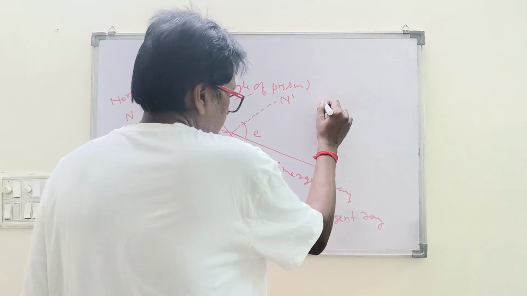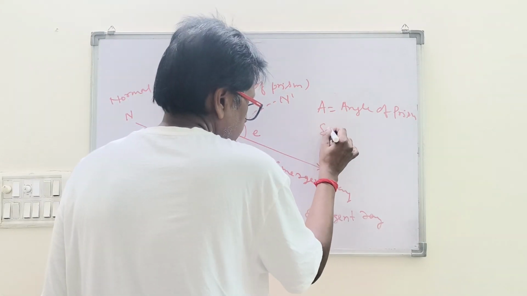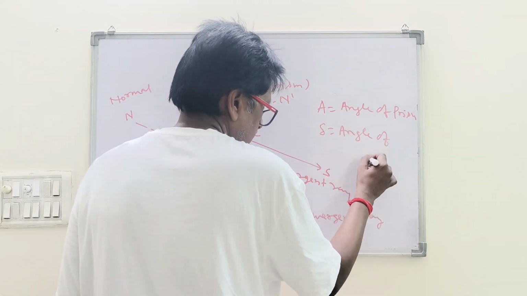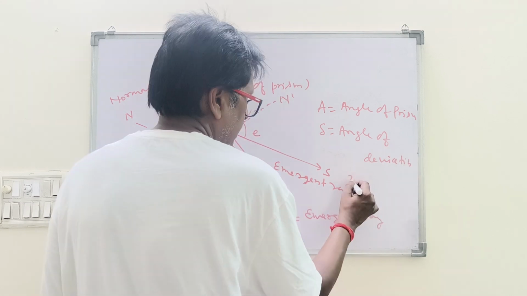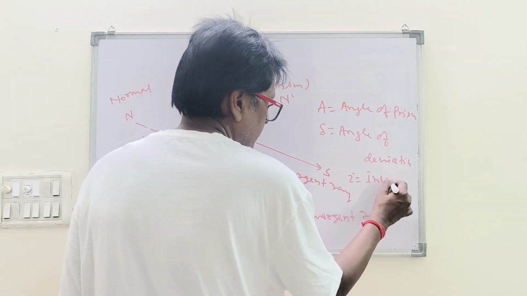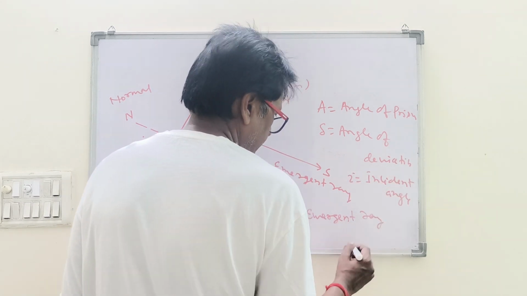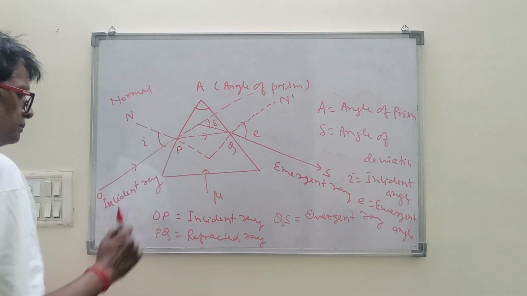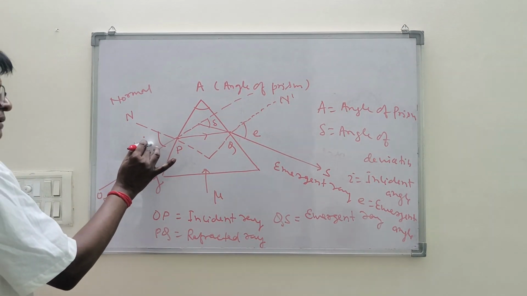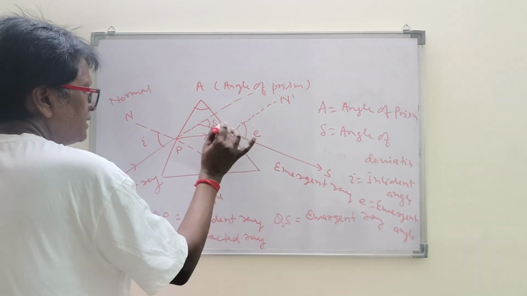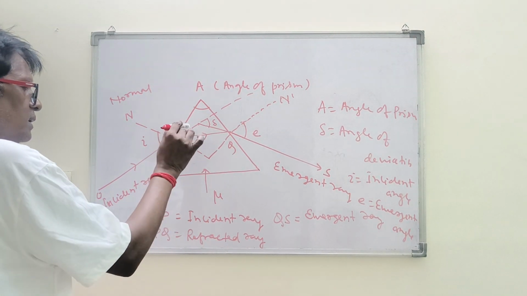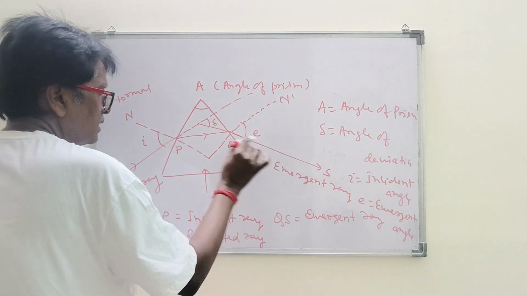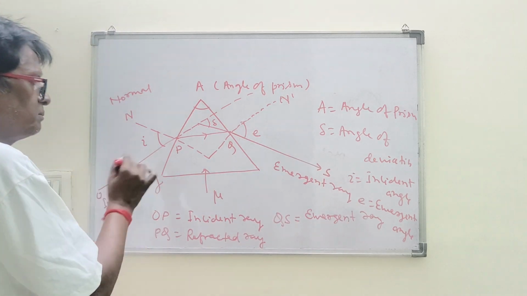So A is the angle of prism, delta is the angle of deviation, I is the incident angle or the angle of incidence, and E is the emergent angle. This is the angle of prism, this is the incident angle, this is the emergent angle, and this is the angle of deviation, because from this point the light ray is deviated from its original path.